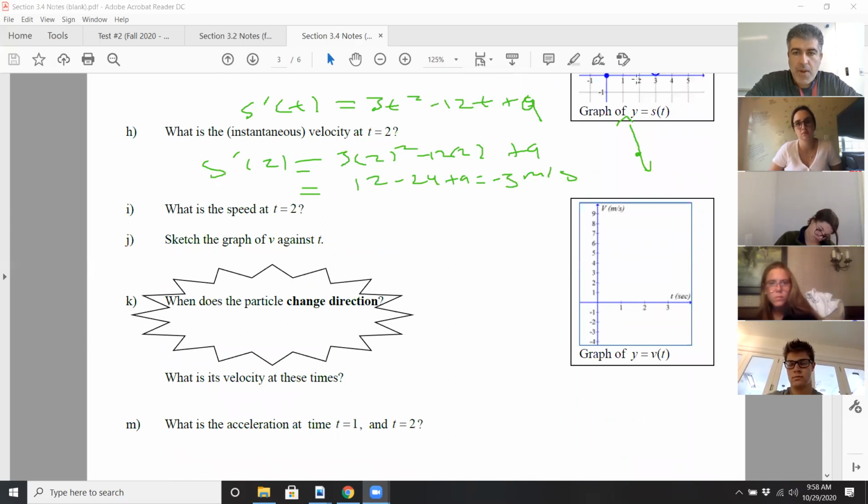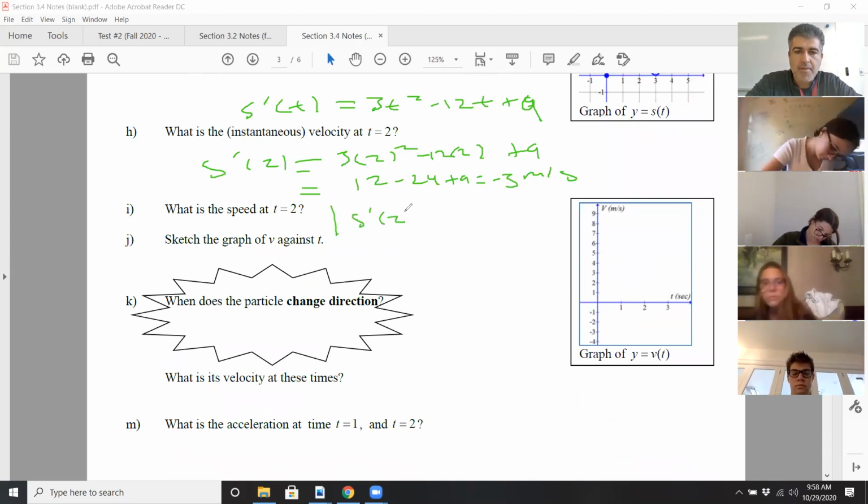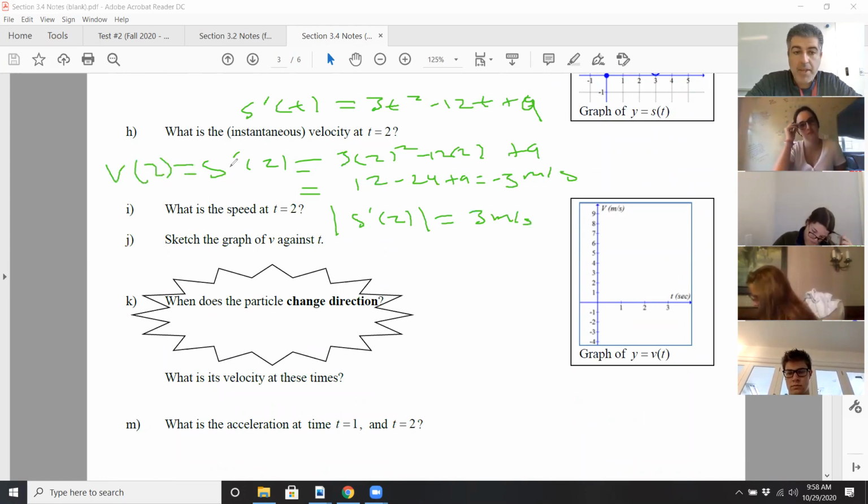Now, what's the speed at 2, however? The speed is going to be the absolute value of your velocity. So it's going to be 3 meters per second. By the way, you can use a v if you want for velocity. You don't have to use s prime, but v of t equals s prime of t.